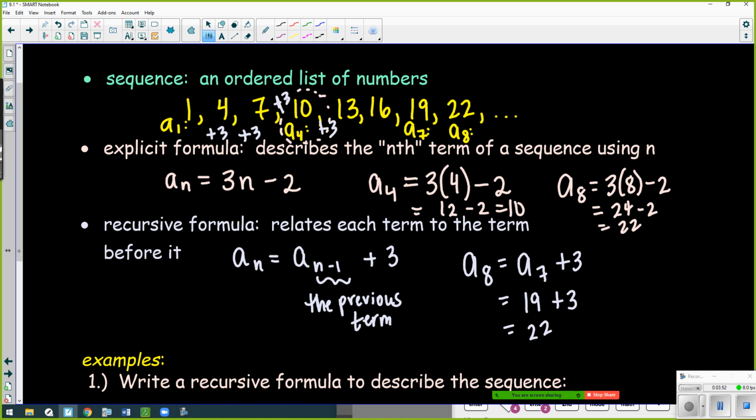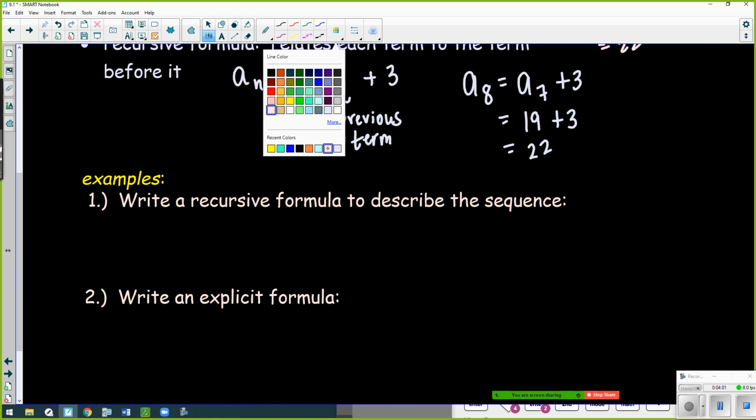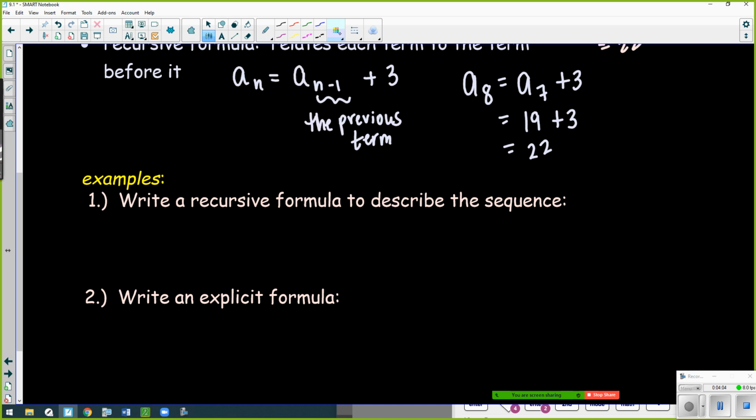All right, let's do some examples. Let's write a recursive formula to describe the following sequence. The sequence is 80, 77, 74, 71. What do you suppose comes next? 68, and so on and so forth. So we need to write a recursive formula. Well, to get from 80 to 77, I have to subtract 3. 77 to 74, subtract 3. 74 to 71, subtract 3.